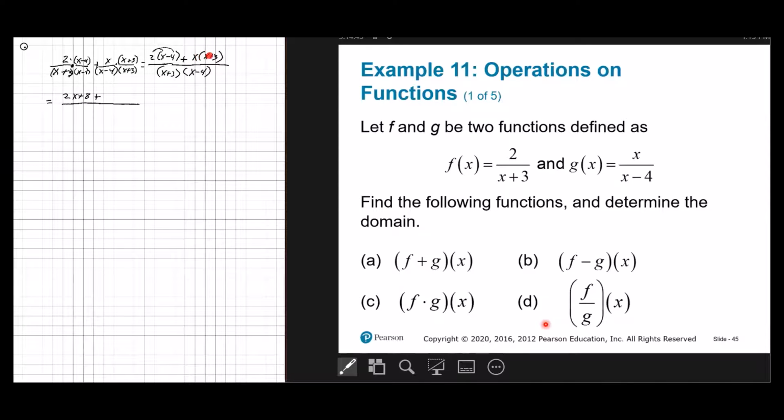So that gives me x times x, which is x squared. And then x times the 3 gives me plus 3x. And then my denominator didn't change. x plus 3 times x minus 4.